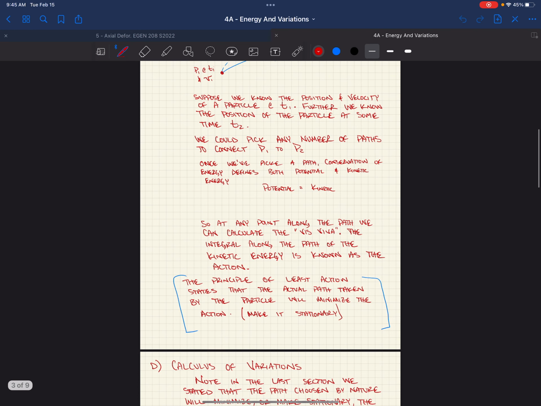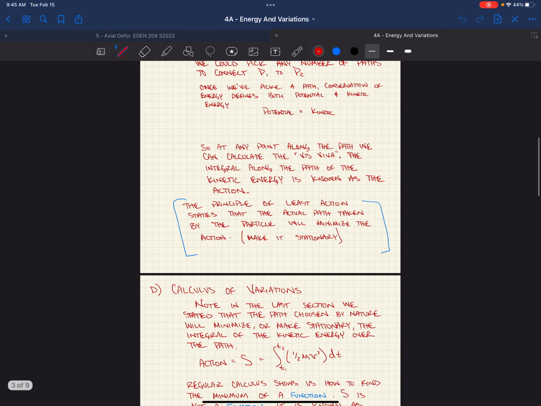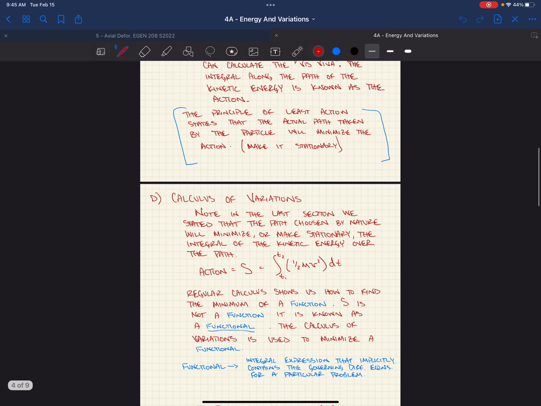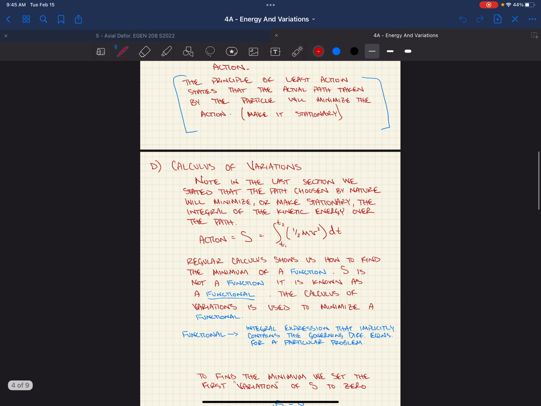So at any point along the path, when we calculate this living force, right, or kinetic energy, we can come up with this integral, which is the kinetic energy along the path, which would become the action of our particle, right? And the principle of least action states that the actual path taken by the particle is going to minimize this action or make it stationary, right? And nature likes its least potential, really.